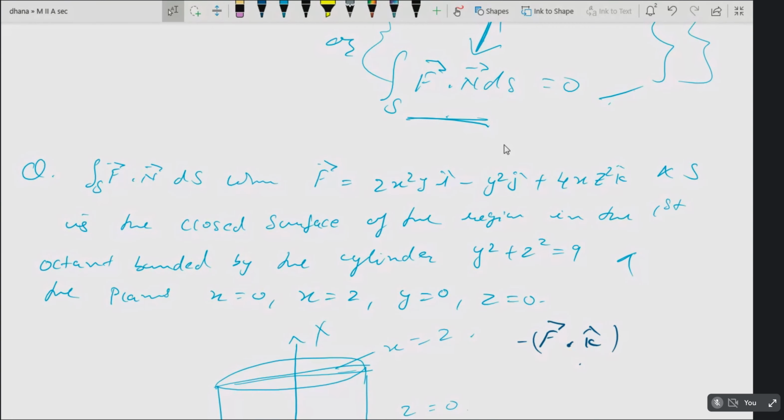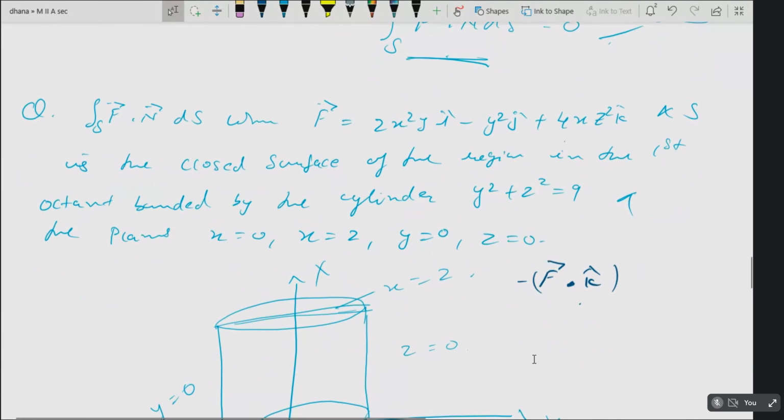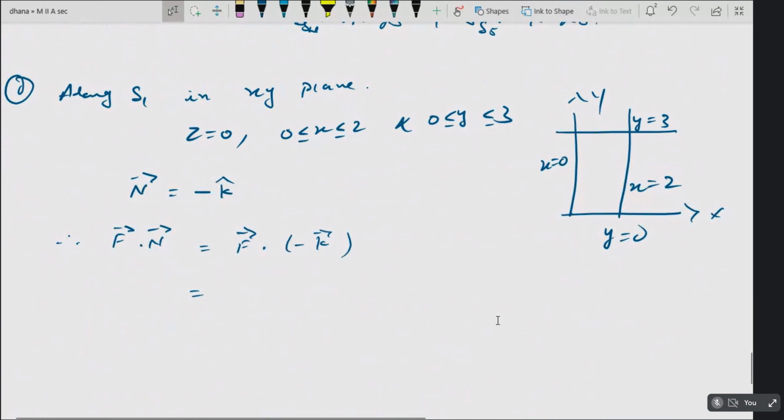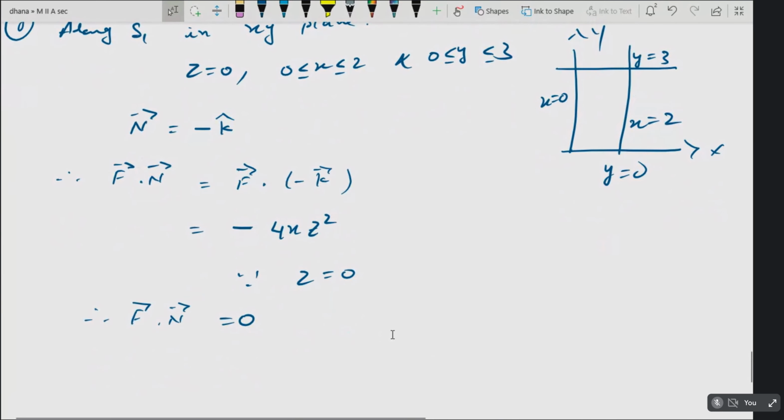I am taking a dot product between them. So i dot k will be 0, j dot k will be 0. What is left out is 4x z square only. Is it or not? Yes, ma'am. So now onwards you answer, otherwise every time I need to go up. Minus, what you will get? Minus 4x z square you will get. But since z is equal to 0, therefore f bar dot n bar value will also be equal to 0, because in this you have the z variable. Is it or not?